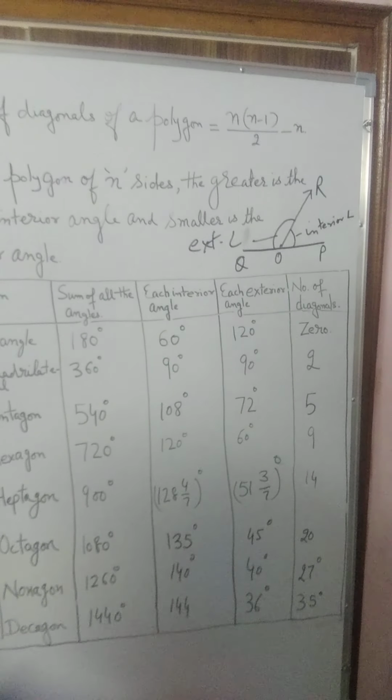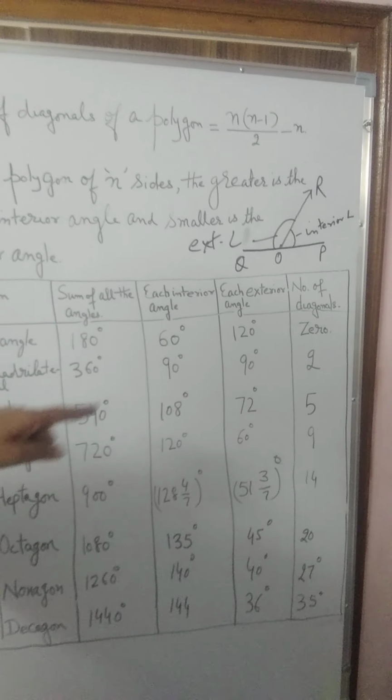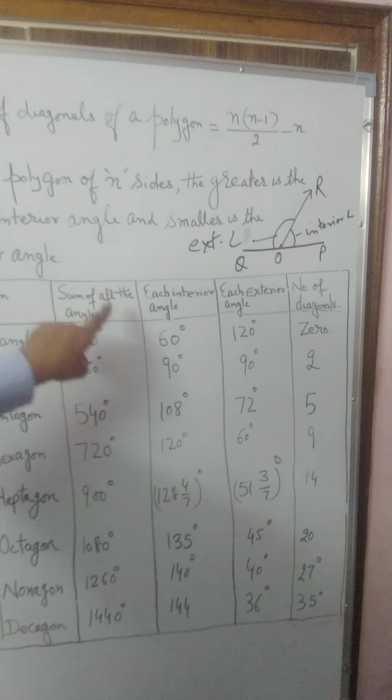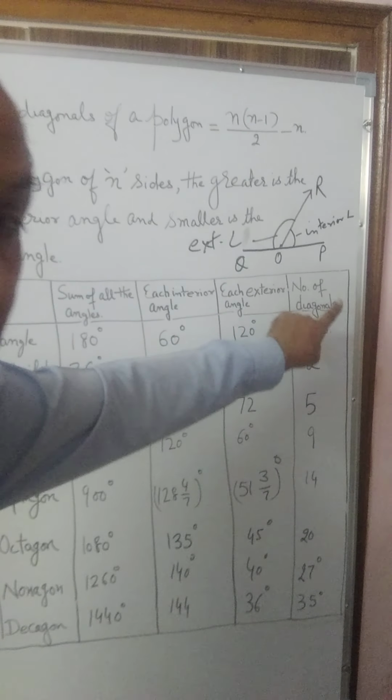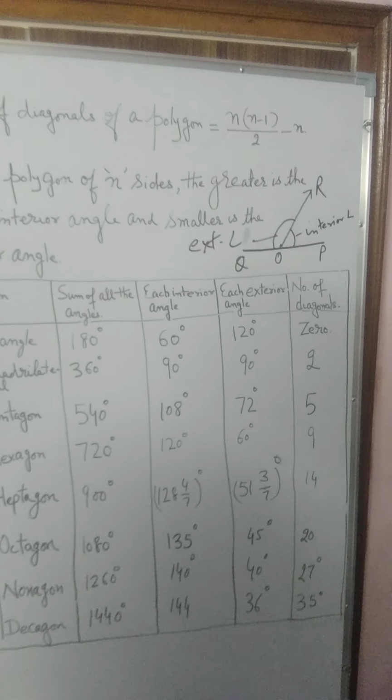Now in the morning, in the second module, we have studied the number of sides and the name of the polygon so formed. Now I am extending that table further, that if a polygon has 3, 4, 5, 6 and so on number of sides, then what will be the sum of all the angles, each interior angle, each exterior angle, and number of diagonals so formed by it.